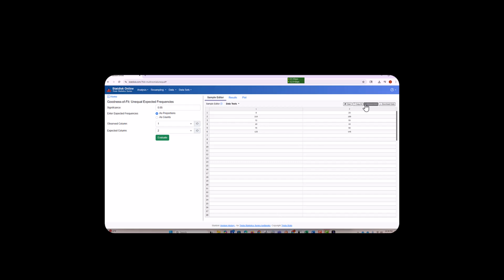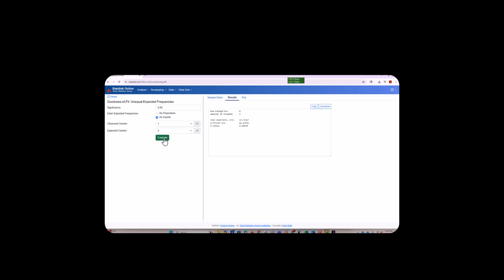Oh, look what I did wrong. You have to make sure that you choose as counts. Evaluate. Notice that your test statistic is 22.71. That's pretty high. And look at your p-value.